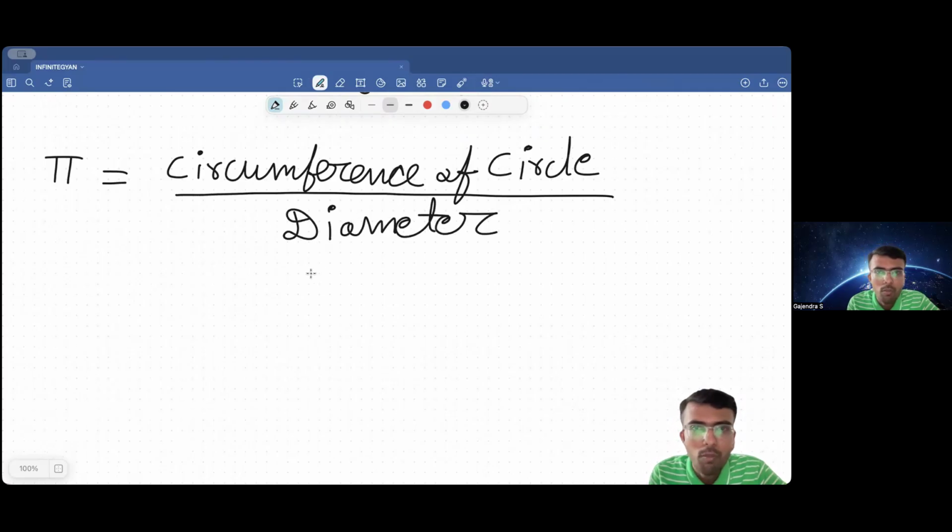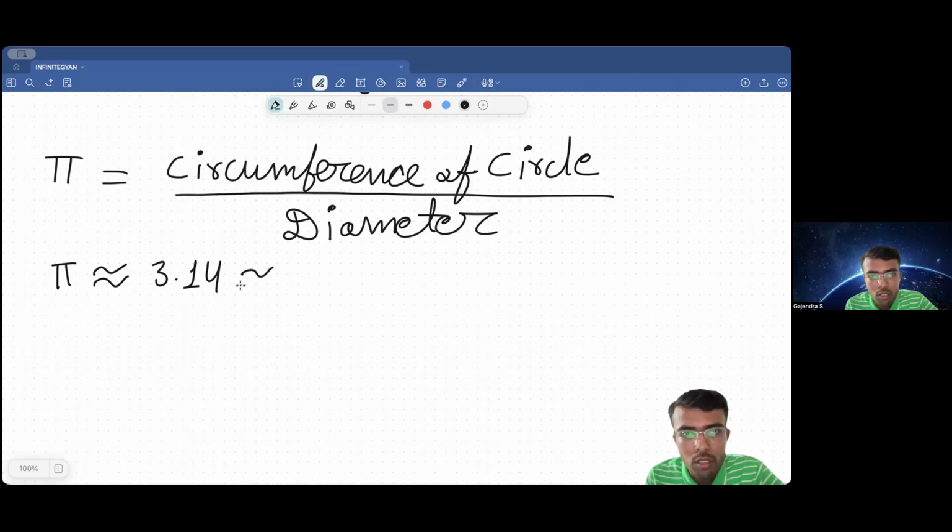The value of pi is nearly equal to 3.14, which is also nearly equal to 22/7. So we sometimes use these values interchangeably.